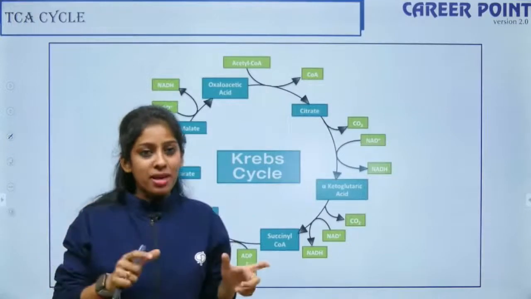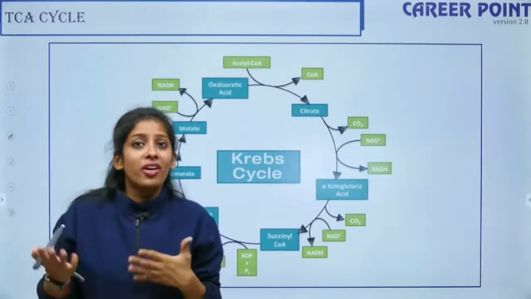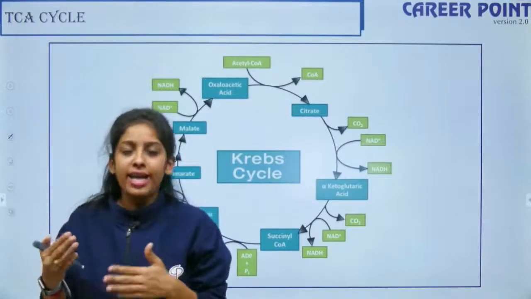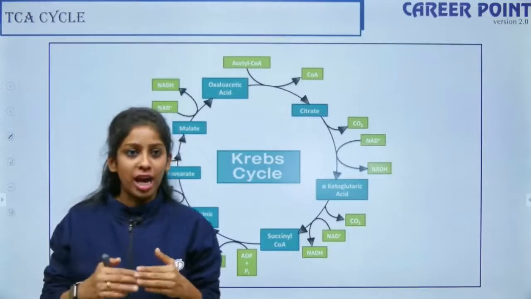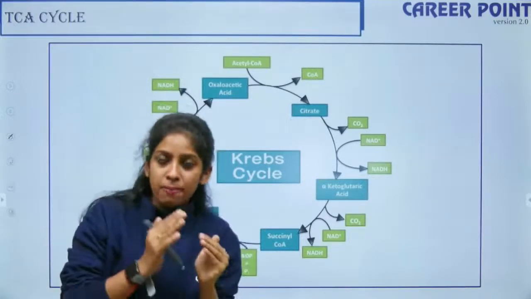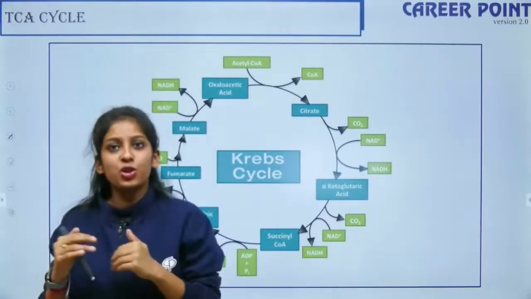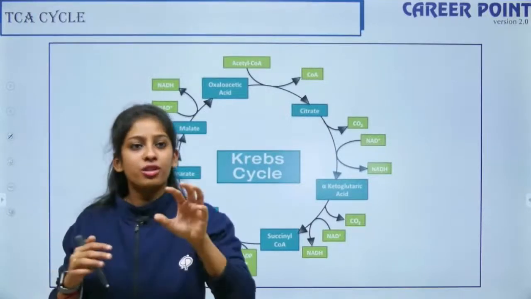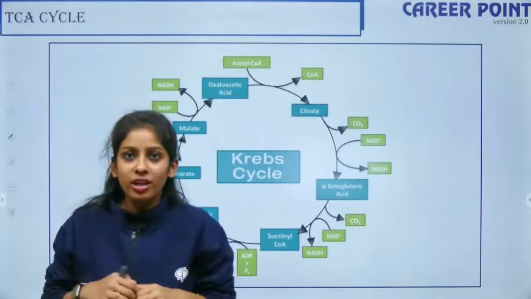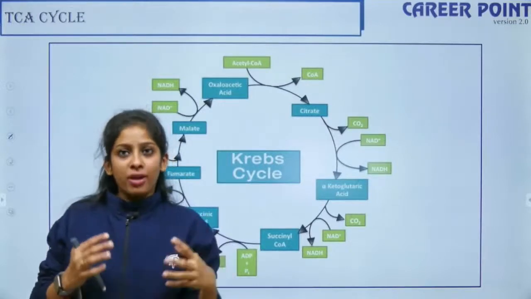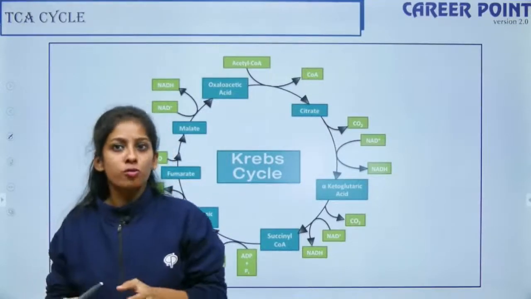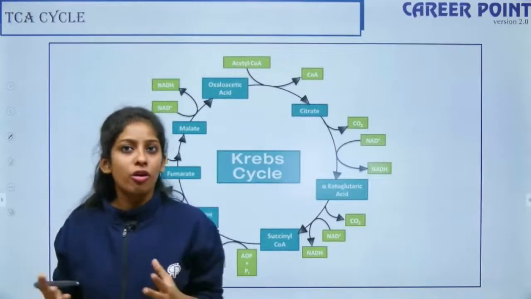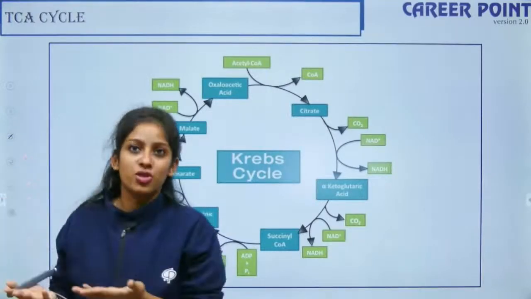Should we write P or should we not write P? Is it only NADH? Yes, this question comes a lot of times. When there is P, it is used in catabolic reactions. When there is no P, it is used in anabolic reactions. I hope you know the difference between catabolic and anabolic reactions. Catabolic is breaking down bigger molecules to form smaller ones. Anabolic is smaller molecules building up to form a larger molecule.